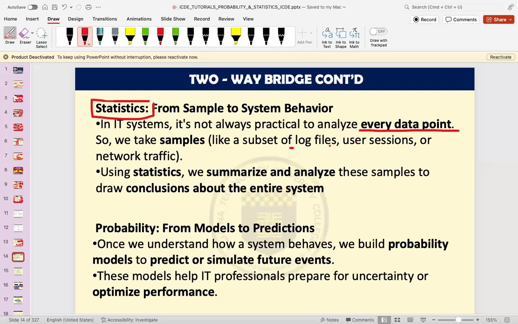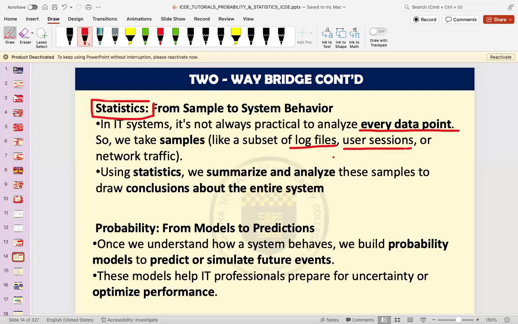All the log files in the computing system, all the user sessions that we open, all the network traffic, they must be analyzed, because if we don't analyze them, how would we know the number of people? Sometimes doesn't it amaze you the way the log files show you a lot of data that has come into a system? Now, when the log files become too many, it doesn't make sense.